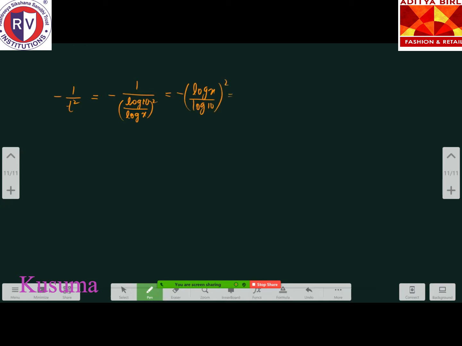So what is log x by log 10? Minus of log x to base 10 whole square. Okay? Got it? Yes, ma'am.